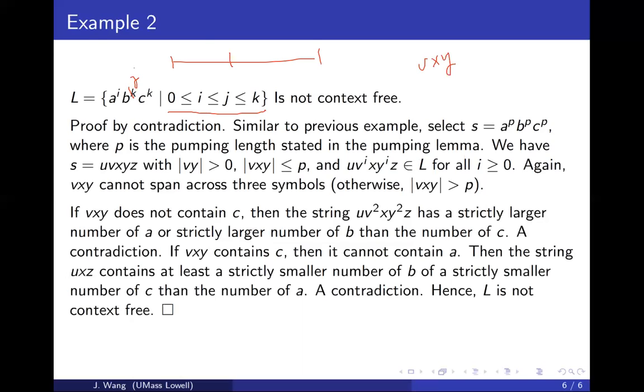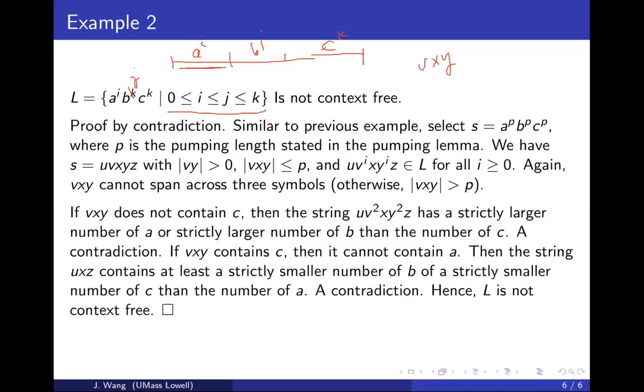So this is A to the I, this is B to the J, now it's going to be longer, and this is C to the K. If my VXY is in here, I have to pump the A's up.